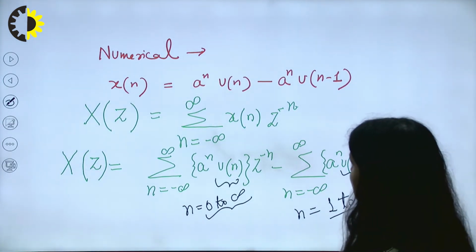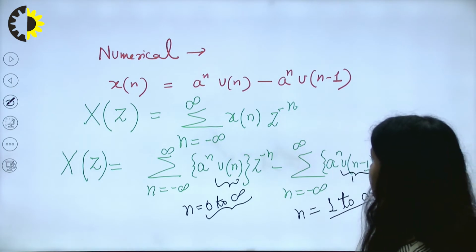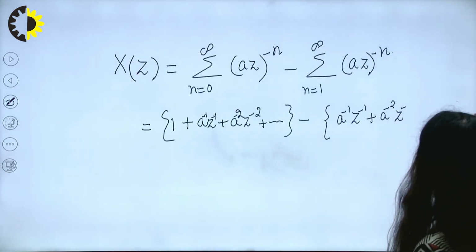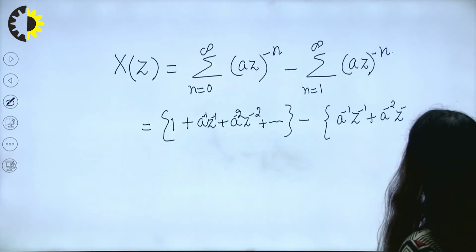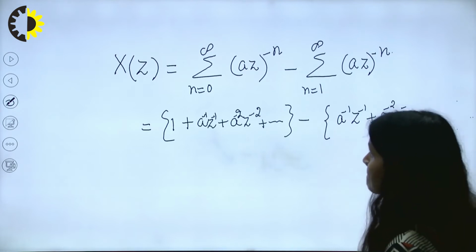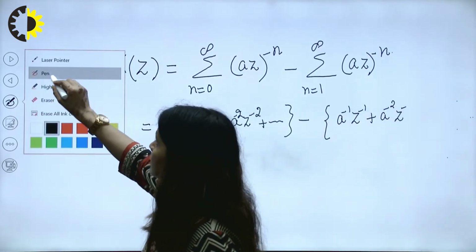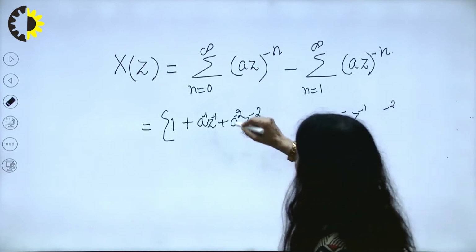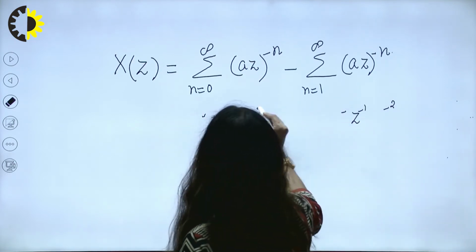Just a second, there is some error in this first. Let us discard that error.